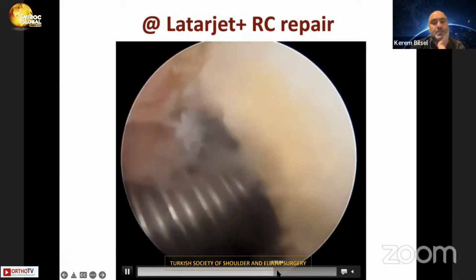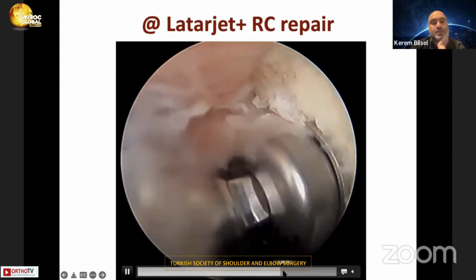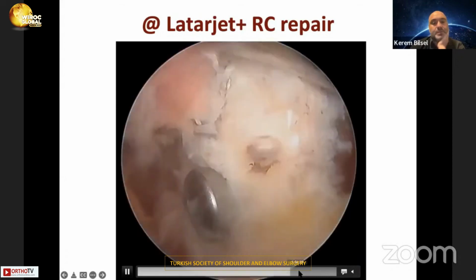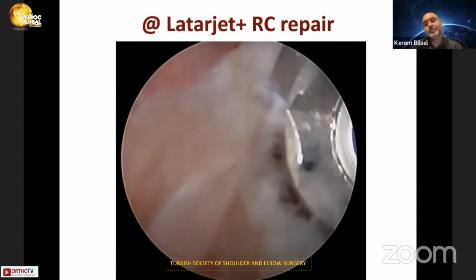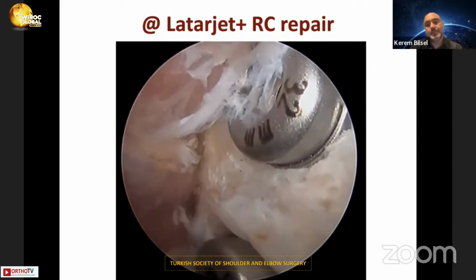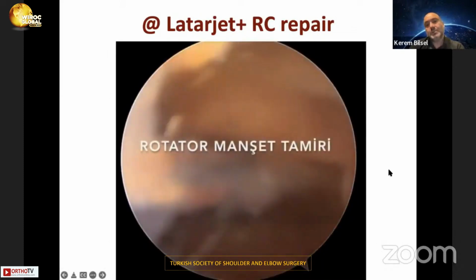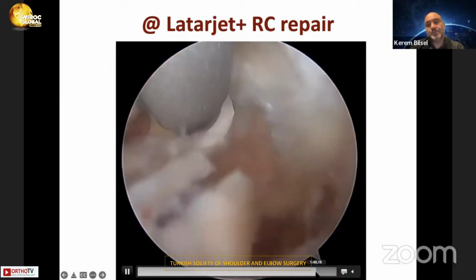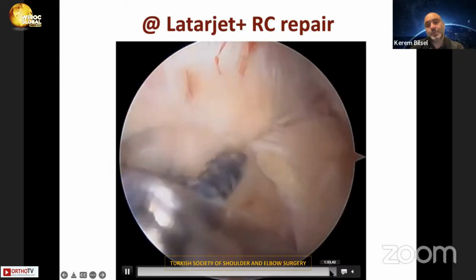Then we put it flush towards the glenoid, and we screw in, and we check the stability and if it is flush or not. And then we did a cuff repair in the same session.